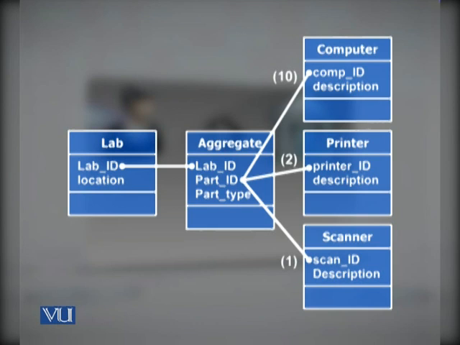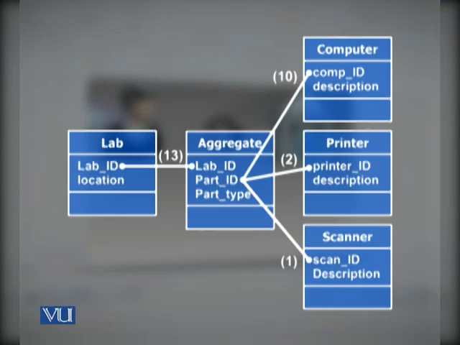To show the aggregation of all these 13 objects into the lab 1, we will have to enter 13 rows into the aggregate table, where each of this equipment will be linked with the lab 1. So it means that we have got 13 equipment in the appropriate tables, 1 lab object in the appropriate table, and 13 rows in this aggregate table.